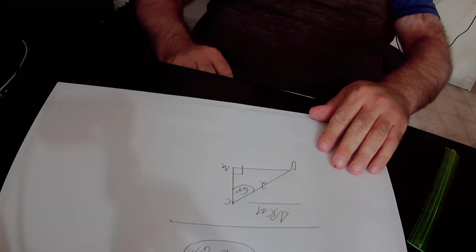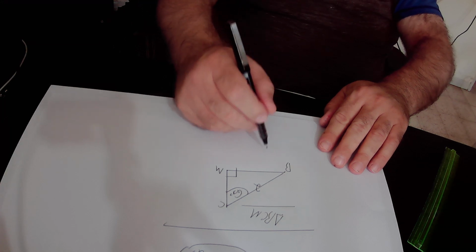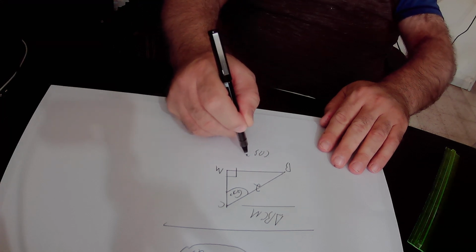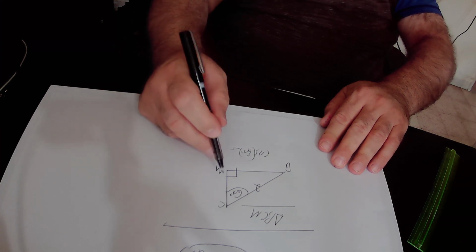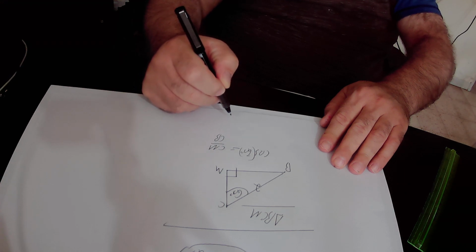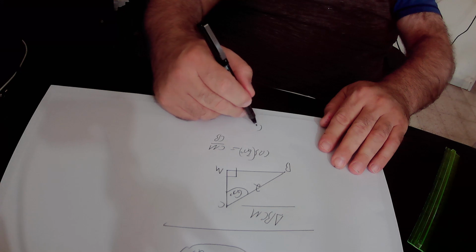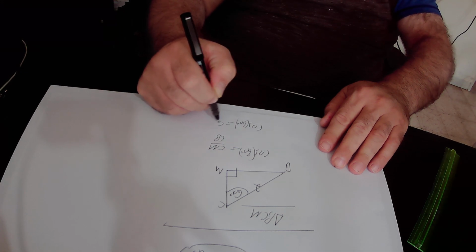So in this triangle BCM, cosine 60 degrees equals CM over CB. CM is the missing segment, so we leave it as it is.